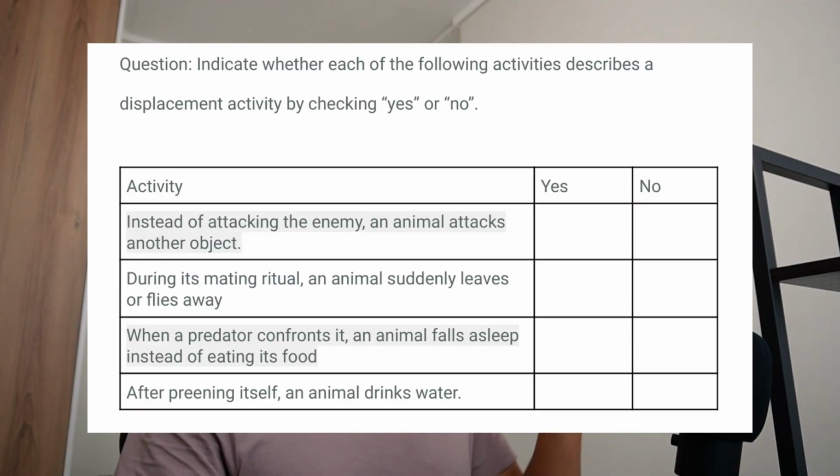If we have a look here at the question type, we have 4 rows and then 2 columns, and we just need to categorize it if it's yes or no according to the question. And this is all about just categorizing and understanding the relationship between a few different options. So make sure you understand how certain details and how certain things are connected within the lecture.